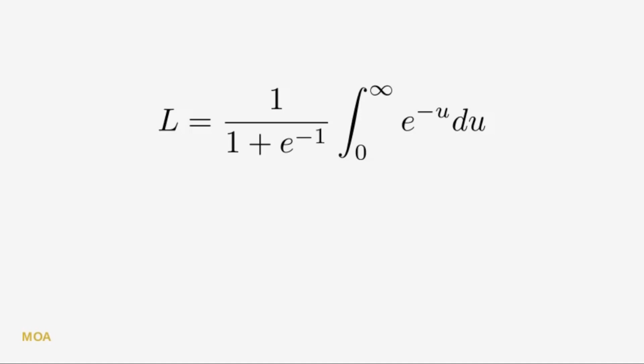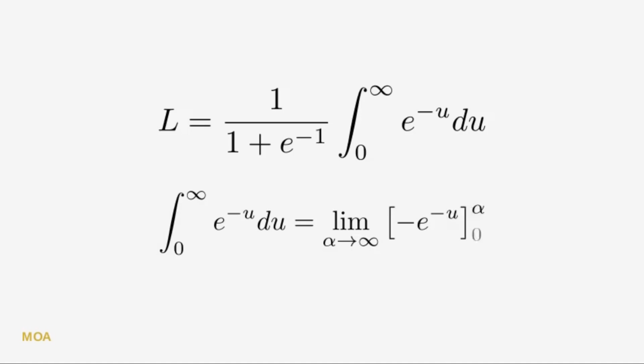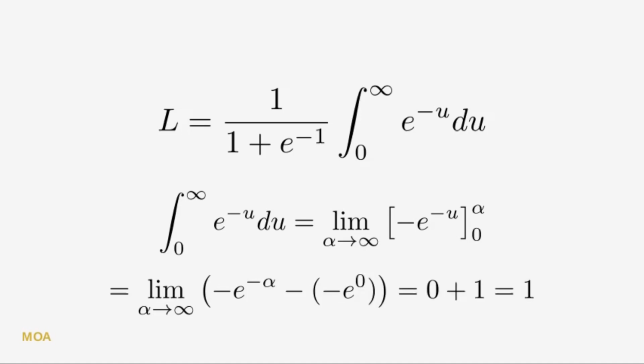u. Now, the integral from 0 to infinity of e to the negative u with respect to u equals the limit as alpha tends to infinity of the antiderivative minus e to the negative u, evaluated from 0 to alpha, which equals the limit as alpha tends to infinity of the quantity minus e to the negative alpha minus negative e to the power of 0.